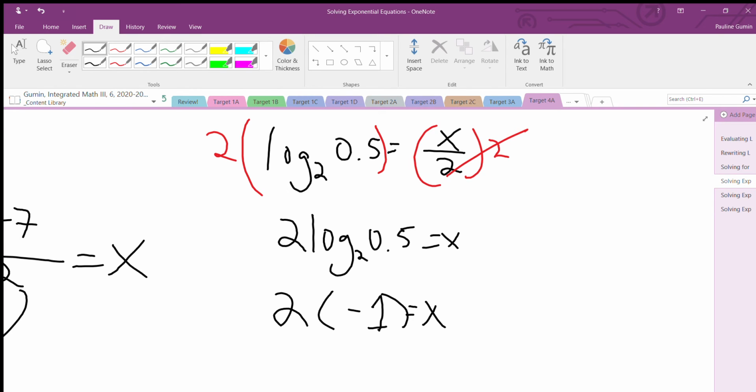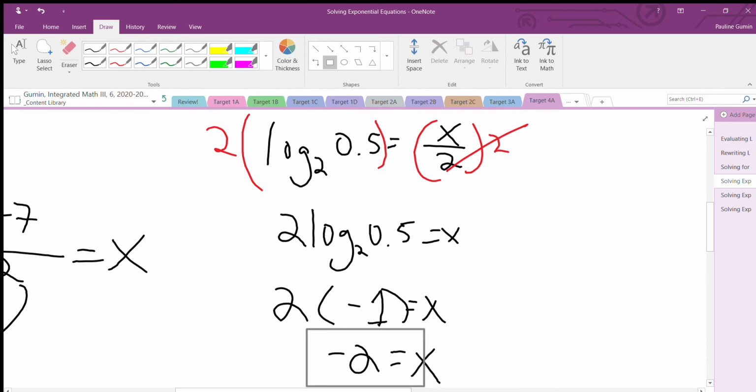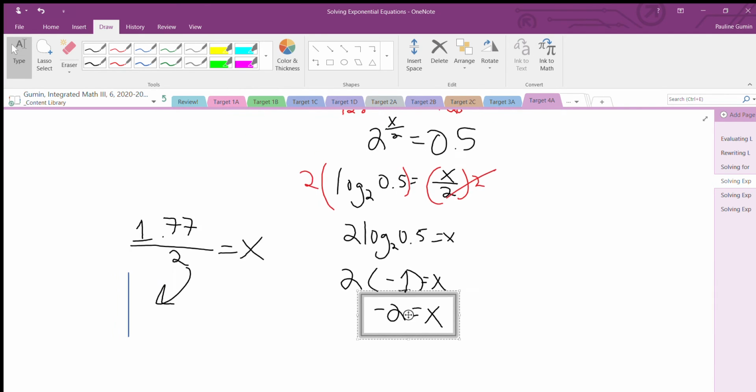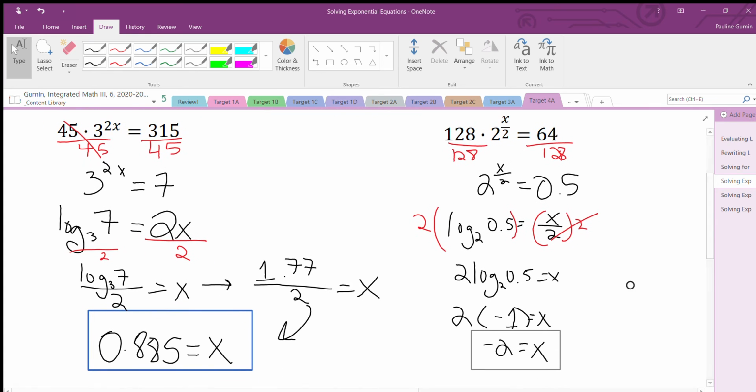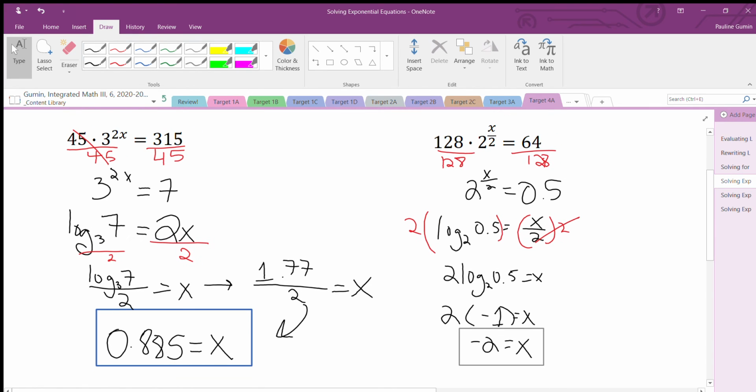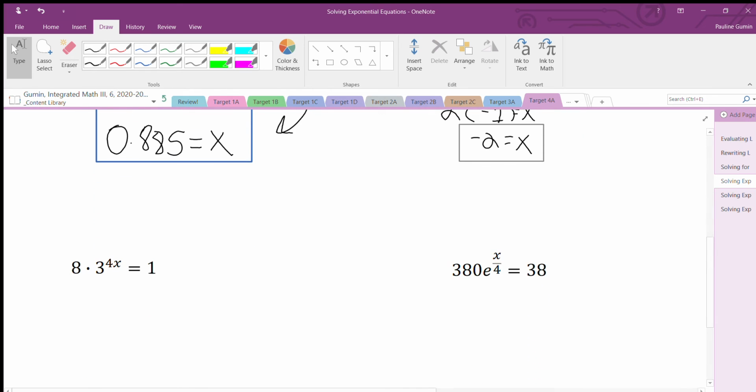So, 2 times -1 is -2. And we have an answer for x. Okay, very nice, not too bad. In the first one, we had an exponent that had multiplication in it, and in the second one, we have an exponent with some division in it. Not too bad.